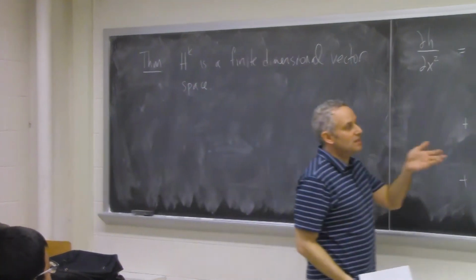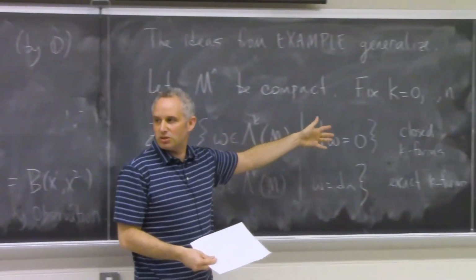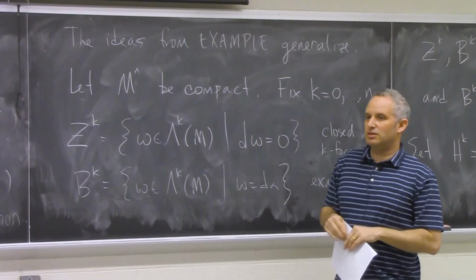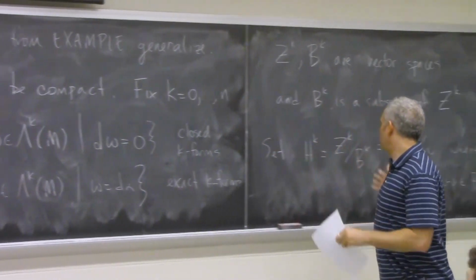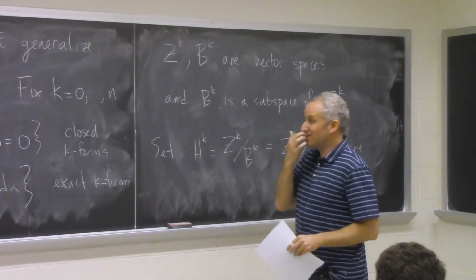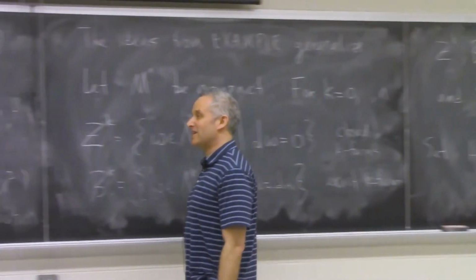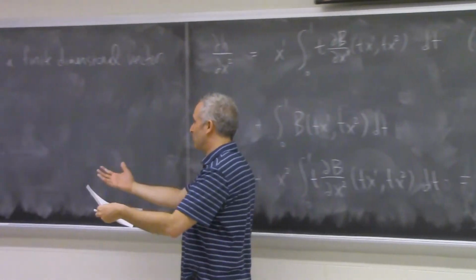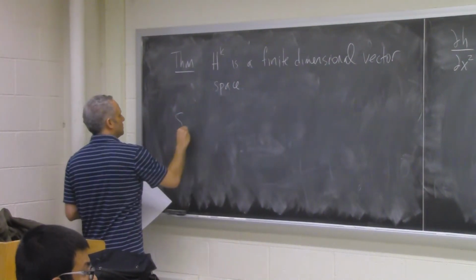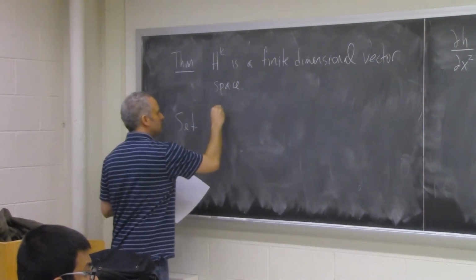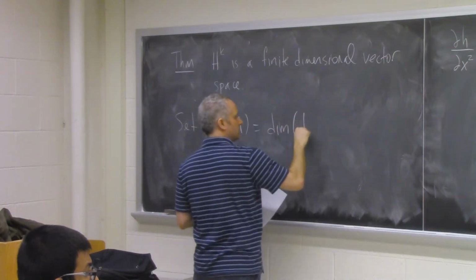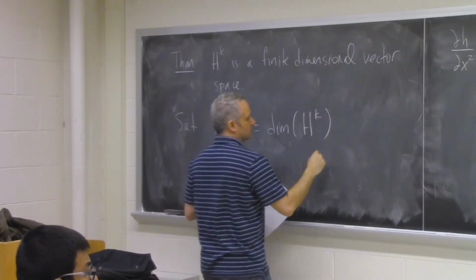Z^k and B^k are definitely not finite dimensional. They're like spaces of functions, locally. They're infinite dimensional. But this quotient defined like this is finite dimensional. And one thing we can associate to a finite dimensional vector space is a number, its dimension. So set b_k of M equal to the dimension of this vector space. So this is a number.